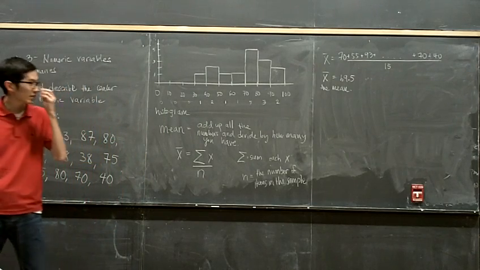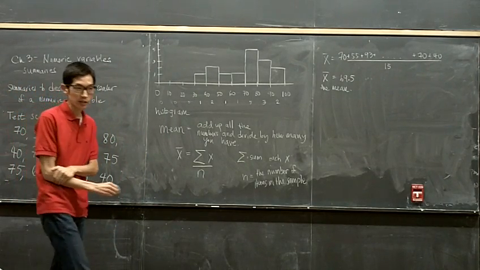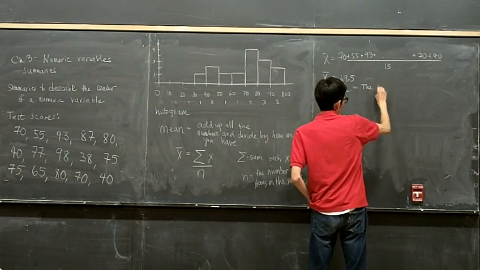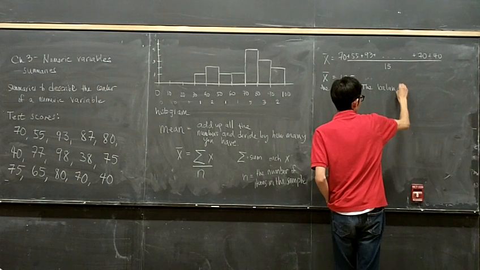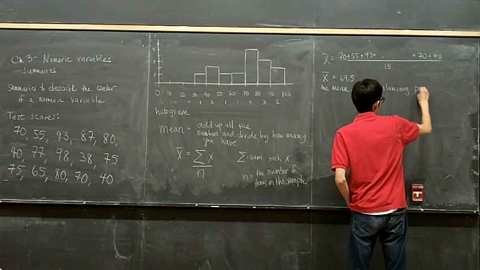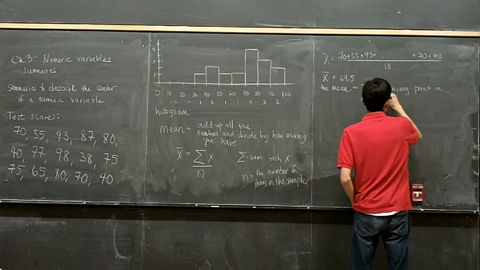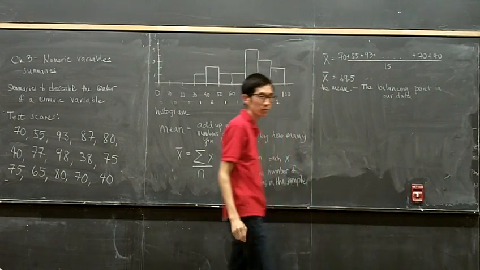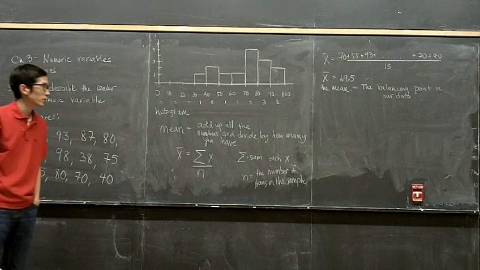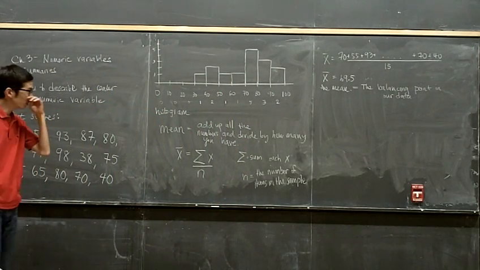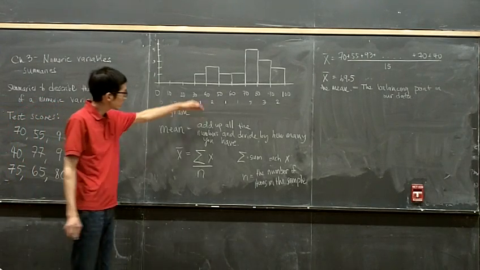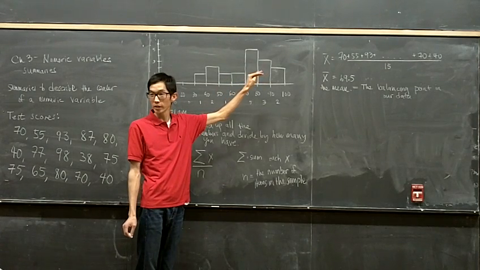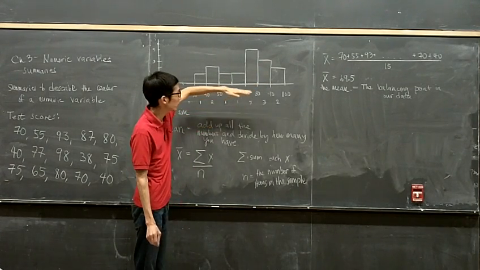And this could be thought of as the balance point in our data. Let's say this thing were on a seesaw, and we wanted to keep this in balance.